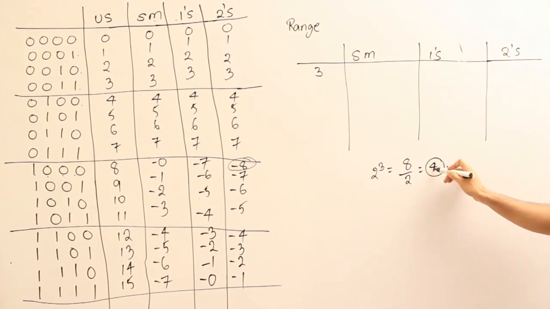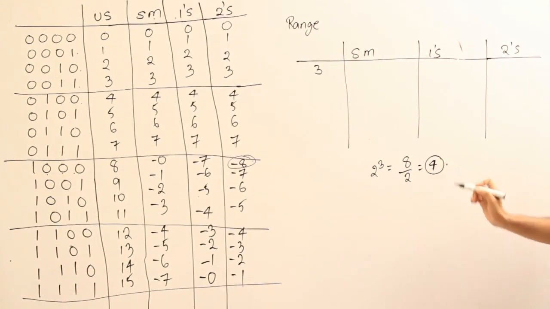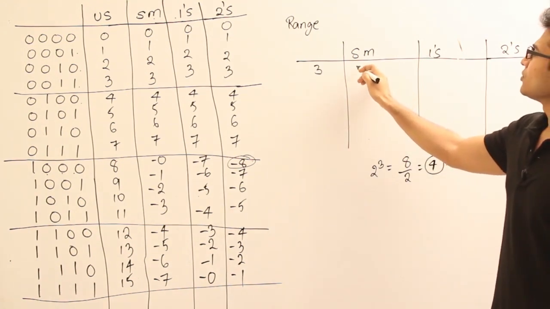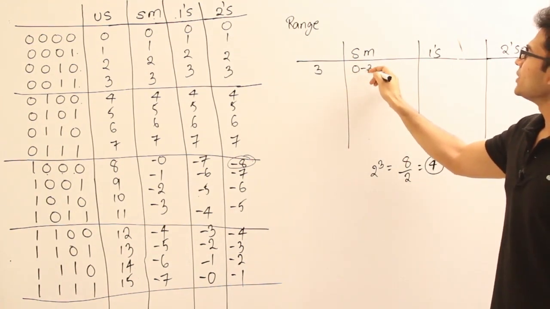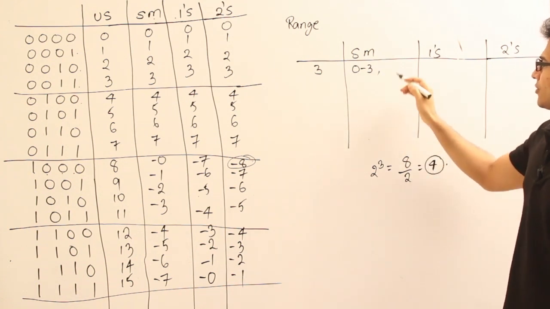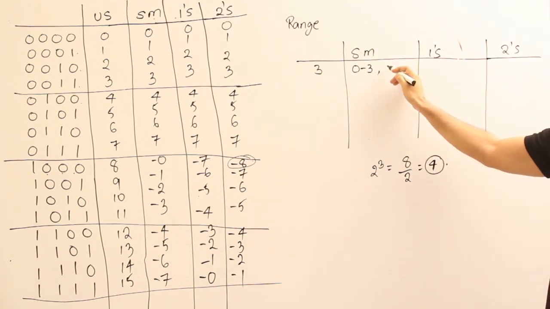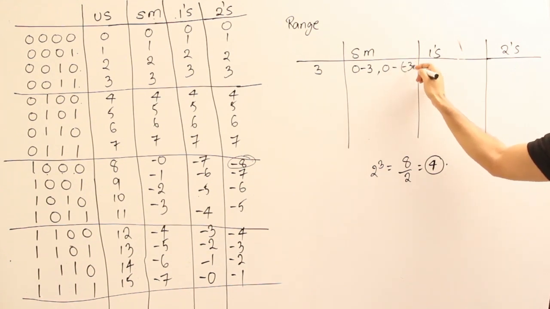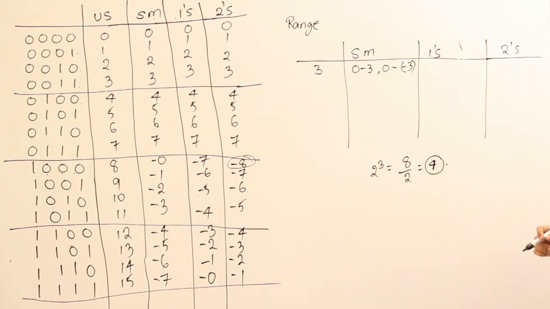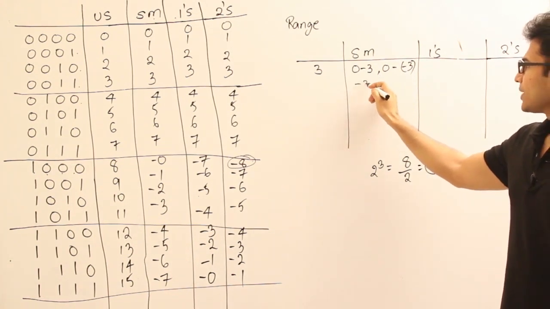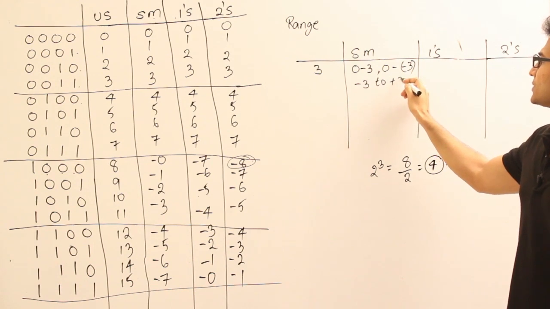Therefore, with 0 we can go only to 0, 1, 2, 3 on the positive side, and on the negative side also we can go only from 0 to minus 3. What is the total range we can say here? It is minus 3 to plus 3.